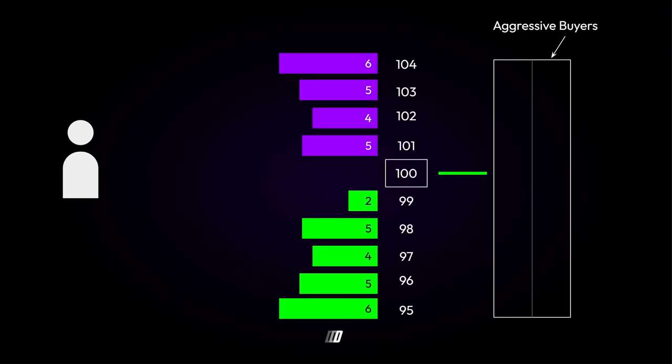Now let's add one more layer. Let's have a little table that summarizes for us aggressive buyers on the right-hand side and aggressive sellers on the left-hand side. So that buyer that bought, we place it here. So two contracts here mean an aggressive buyer was ready to pay a slightly worse price to get filled.